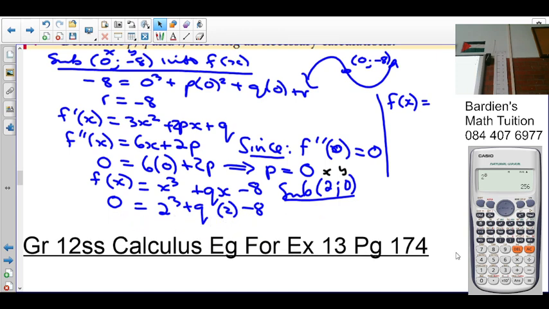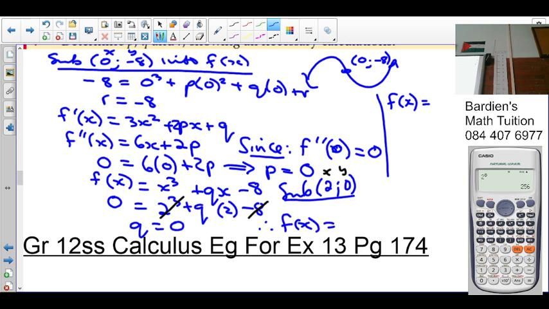I think I said squared. It's not squared. So that means to say that 2 cubed is 8 minus 8 is 0. So 2q is 0, therefore q will also be equal to 0. So what's my equation? Therefore, we have f of x equals x cubed minus 8.